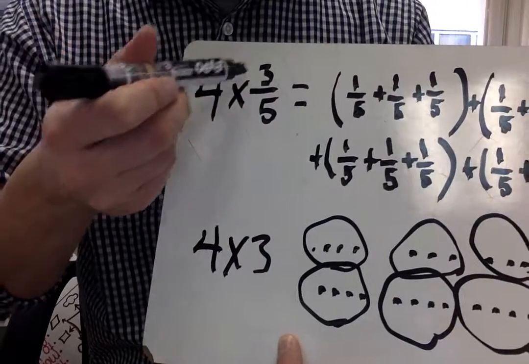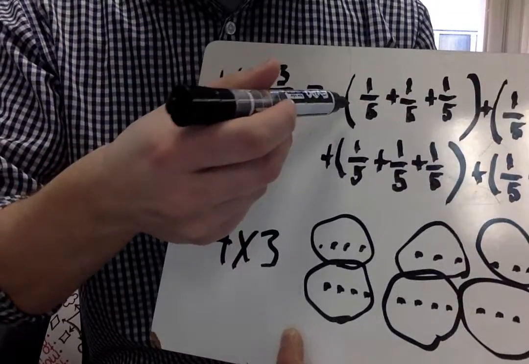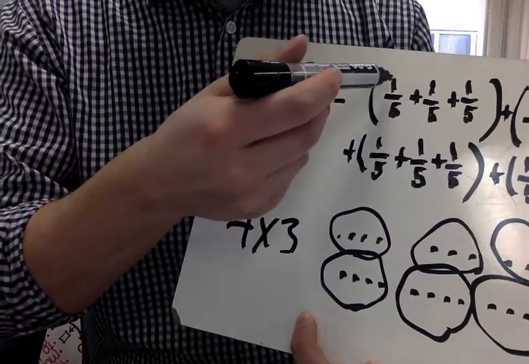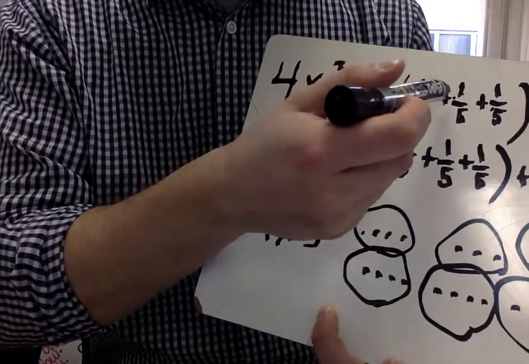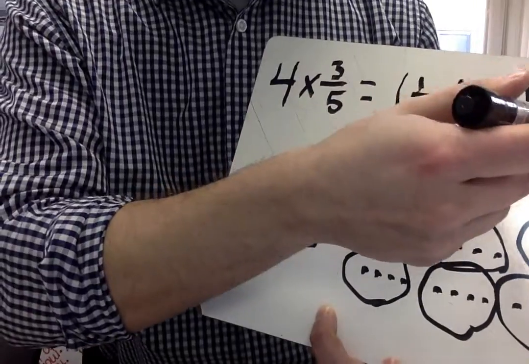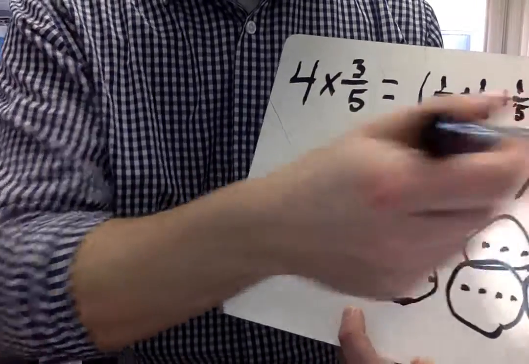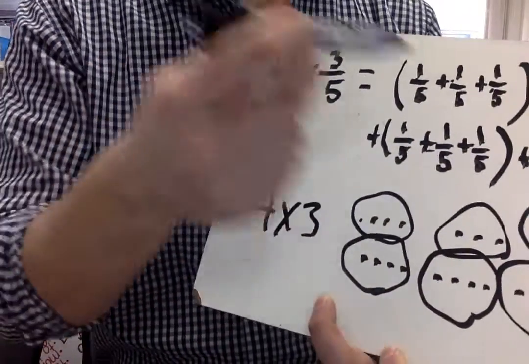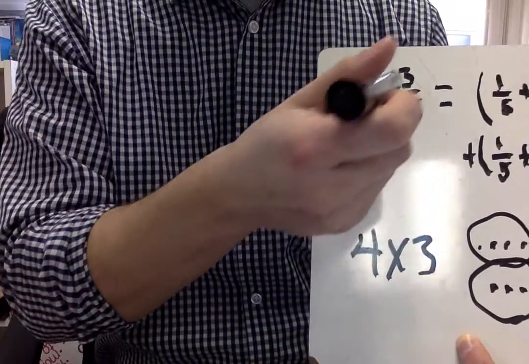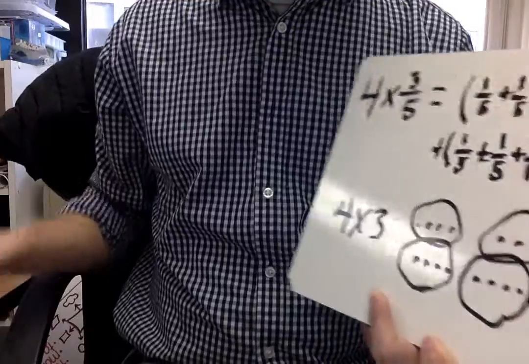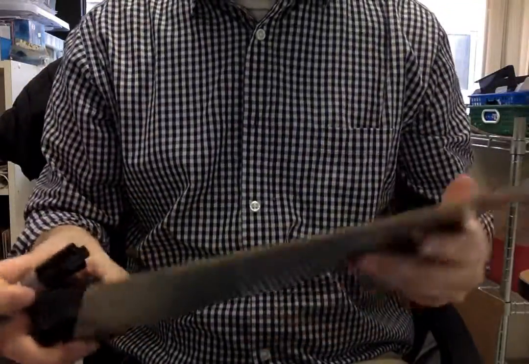So 4 multiplied by 3/5. Here I have 4 groups of 1/5. I have 1/5, 2/5, 3/5. So I have 3/5 in each group, and I'm using repeated addition or multiplication, and I would get the same answer as if I just multiplied across. So we can use the associative property to find the same answer.